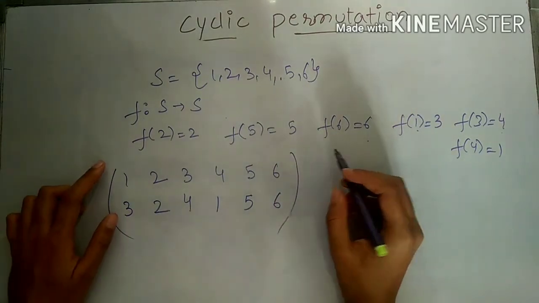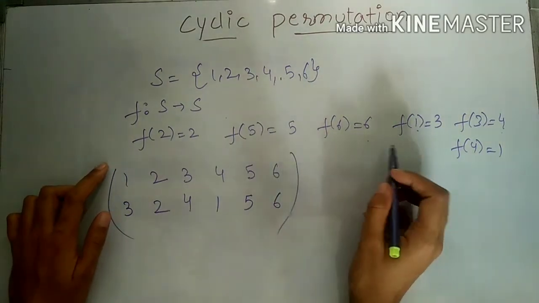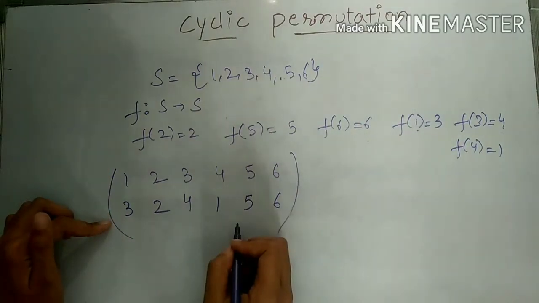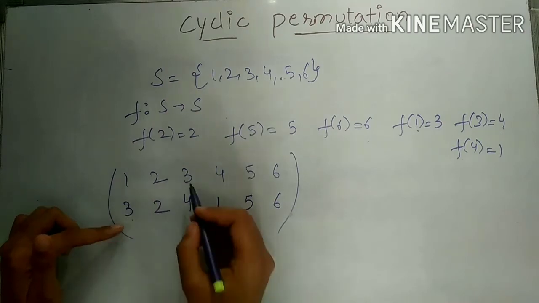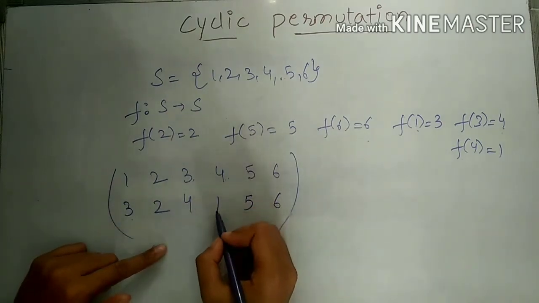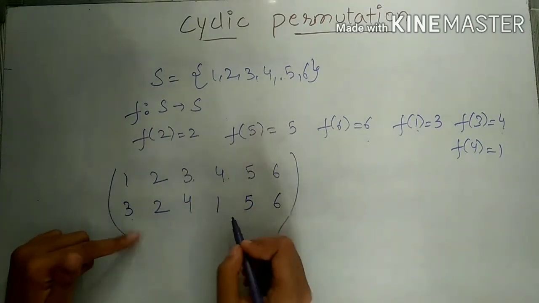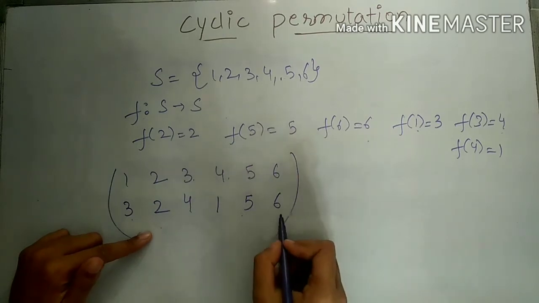From the definition of cyclic permutation, you can easily check that this is a cyclic permutation, because here we have a cycle: image of 1 is 3, image of 3 is 4, and image of 4 is 1. So here we have a cycle, and the images of the rest of the elements are the same.